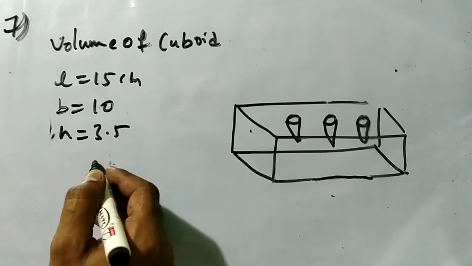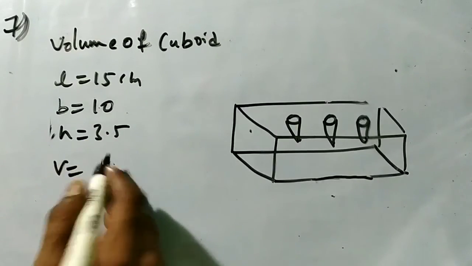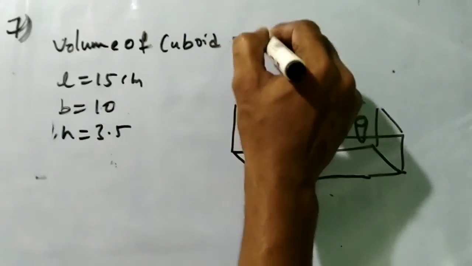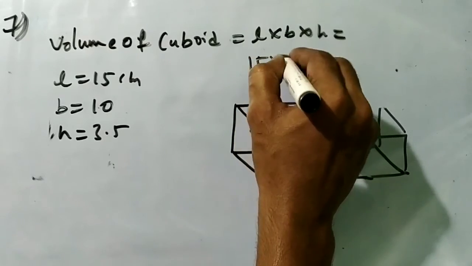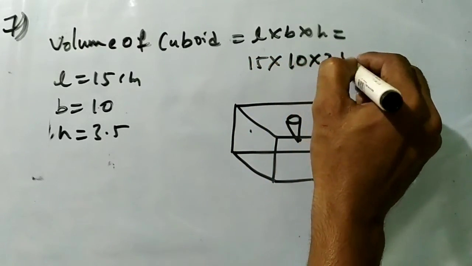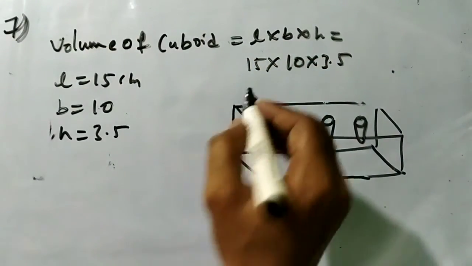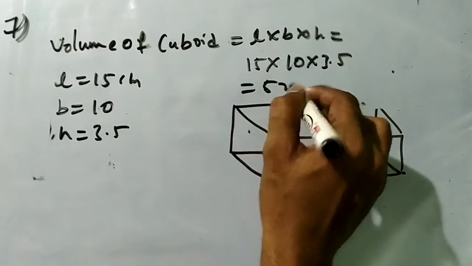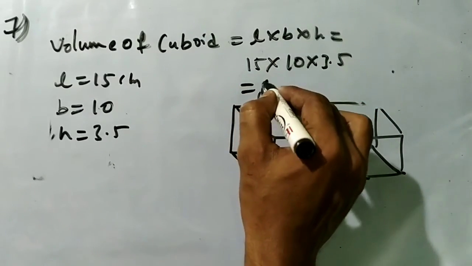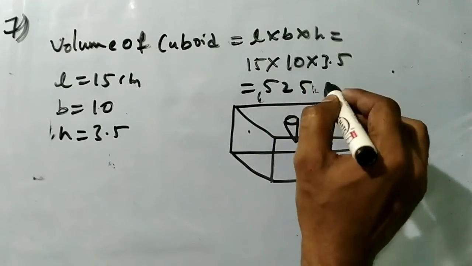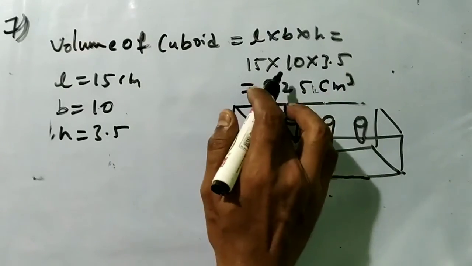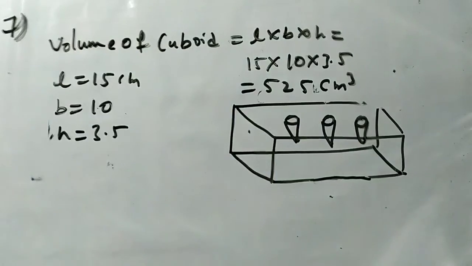We know that the volume of a cuboid is V is equal to L into B into H, so 15 into 10 into 3.5. So we get 525 centimeter cube, which is the volume of the cuboid.